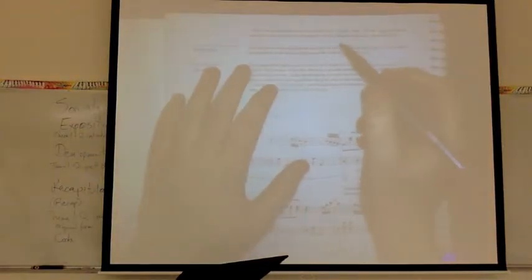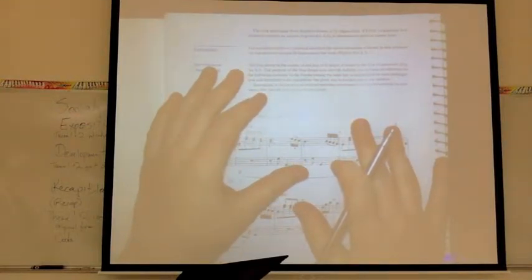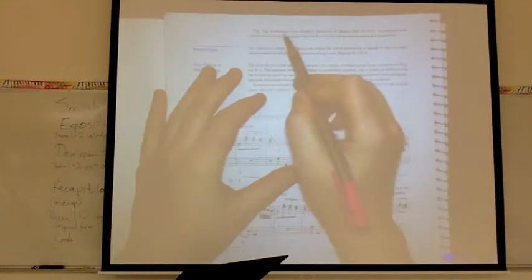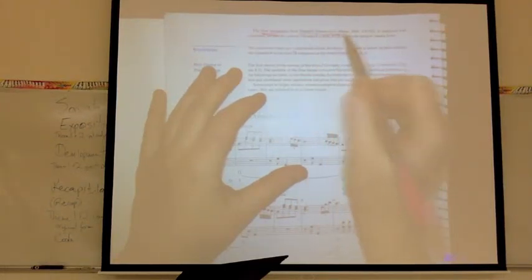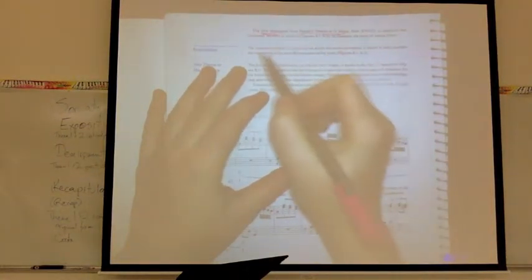All right, everybody. So let's take a look at this first exposition. We're just going to go sort of section by section. So we're looking at the first movement, which is where you commonly see sonata form, and Haydn Sonata in G major. So this is the best definition of the exposition.